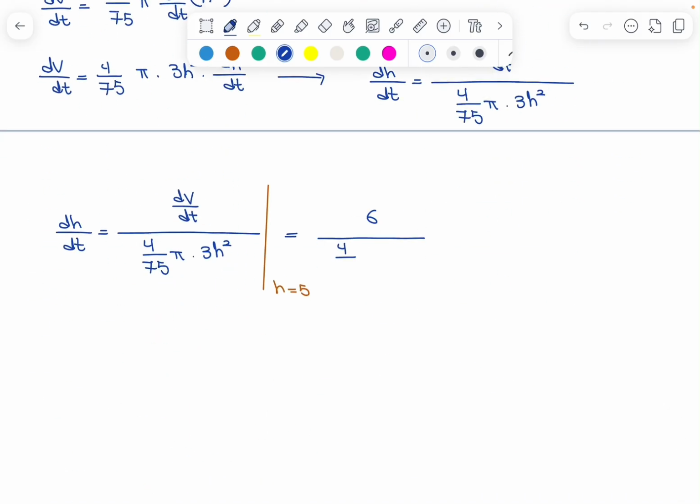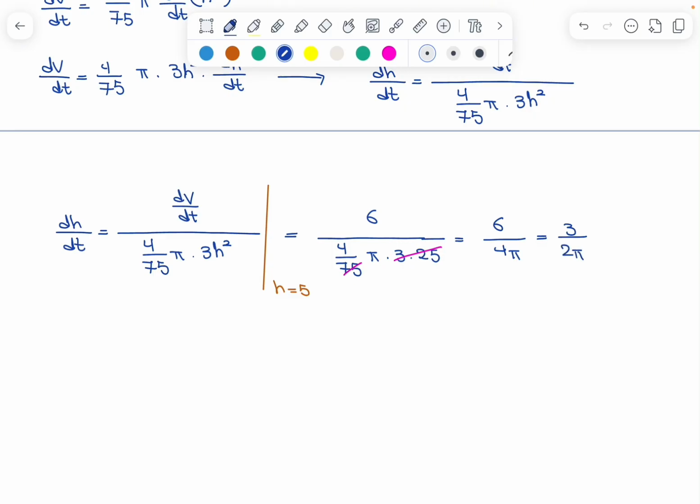So it is 6 divided by 4/75 times pi times 3 times h squared. You must substitute 5 for h, and 5 squared would be 25. So you can cancel 3 times 25, which is 75, with 75. Therefore it would be 6 divided by 4 pi, which is 3 divided by 2 pi.